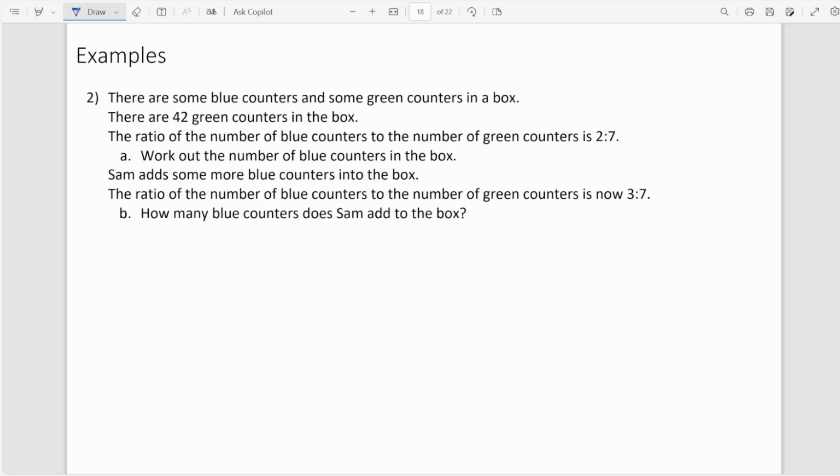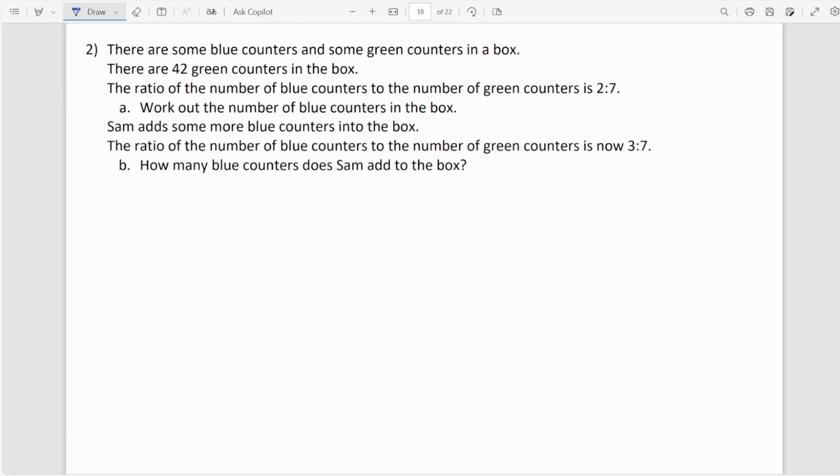Okay, let's take a look at the second example. There are some blue counters and some green counters in a box. There are 42 green counters in the box as well. Okay. The ratio of the number of blue counters to the number of green counters is 2 to 7. Work out the number of blue counters in the box.